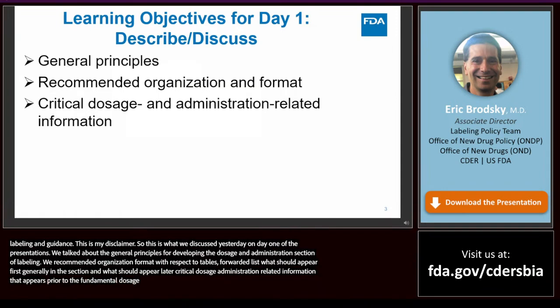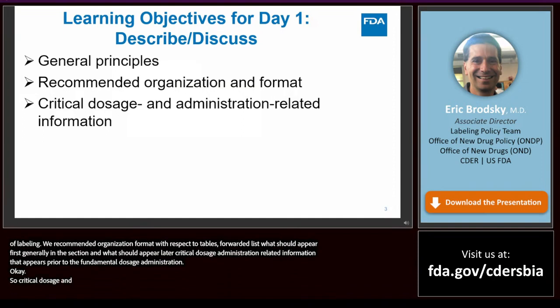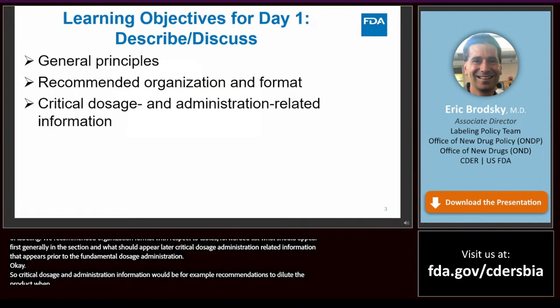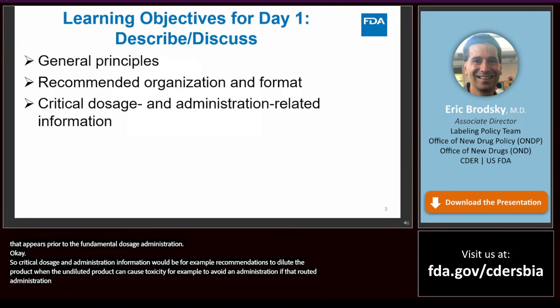So critical dosage and administration information would be, for example, recommendations to dilute a product when the undiluted product can cause toxicity, or to avoid a certain route of administration if that route of administration is associated with clinically significant adverse reactions.